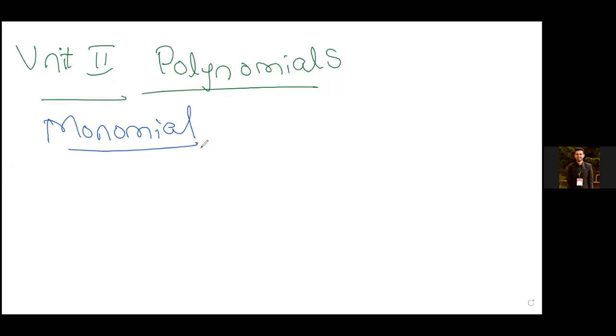It consists of variable and, of course, variable and coefficient. What do you mean by monomial? Monomial, yes, a single term. So 8x is a monomial, or 8x square, it is a monomial.